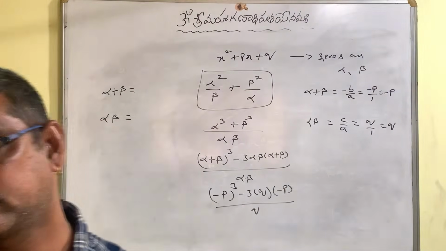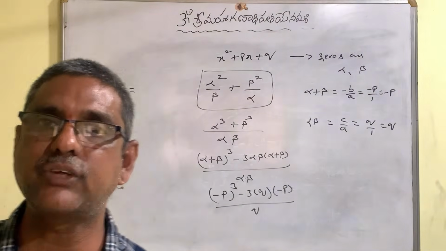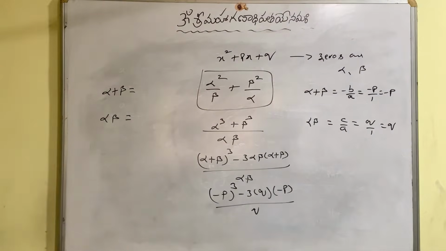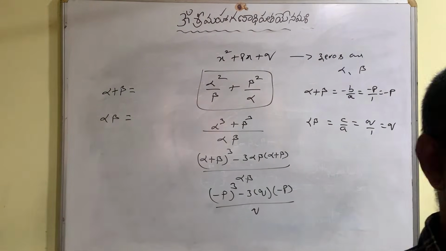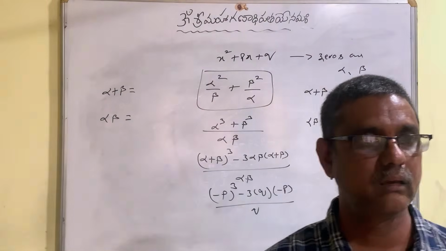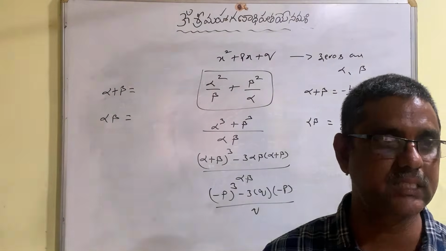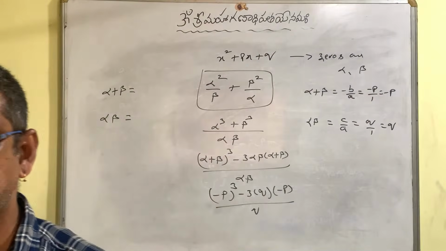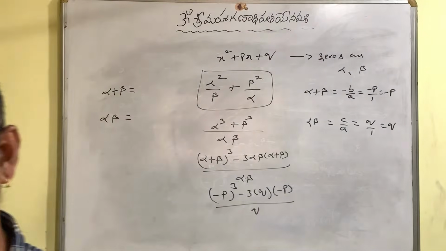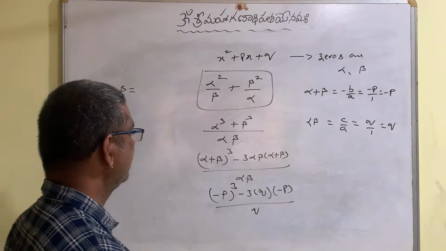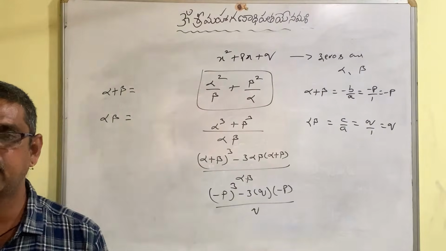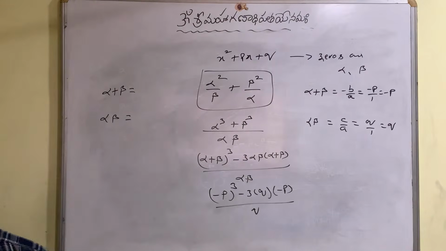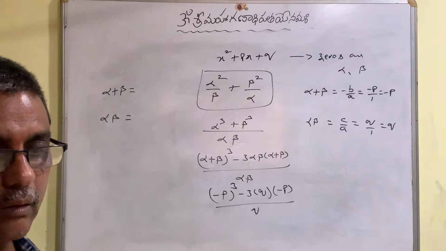So for problems of this type, you have to be thorough with identities. If you are thorough with the identities, then it is easy for you to solve the problem. Okay? Good.